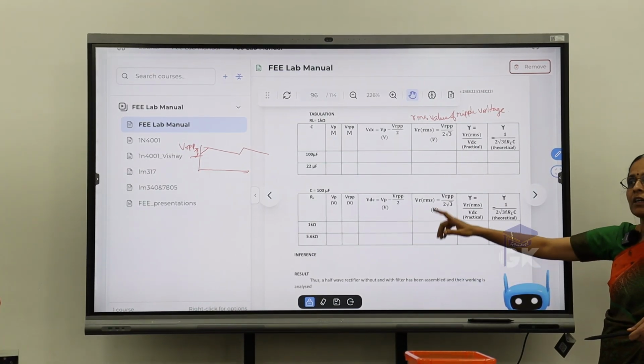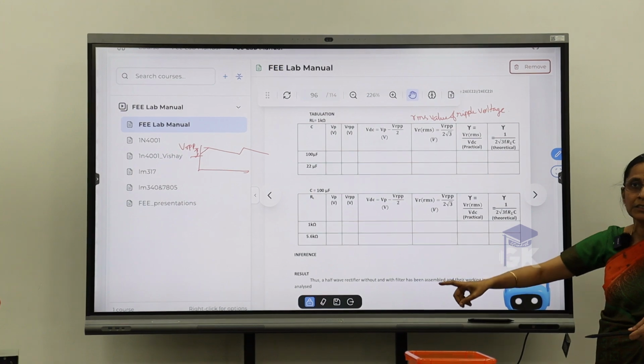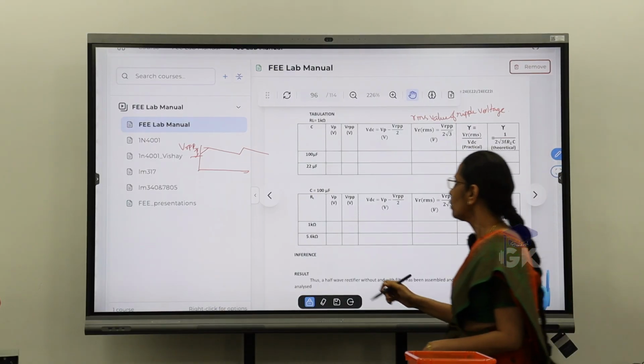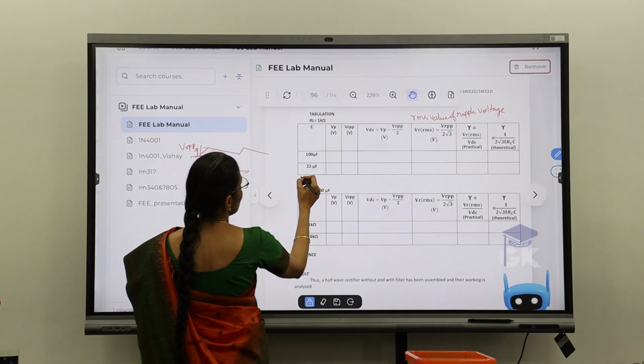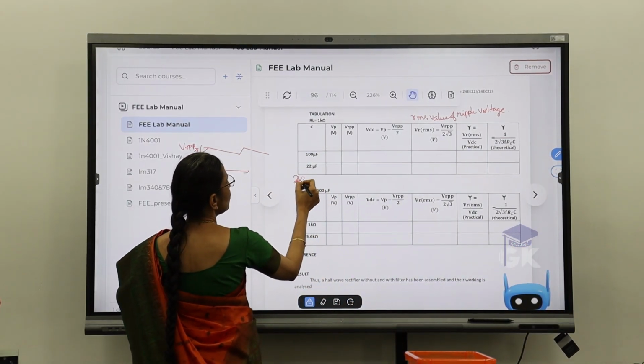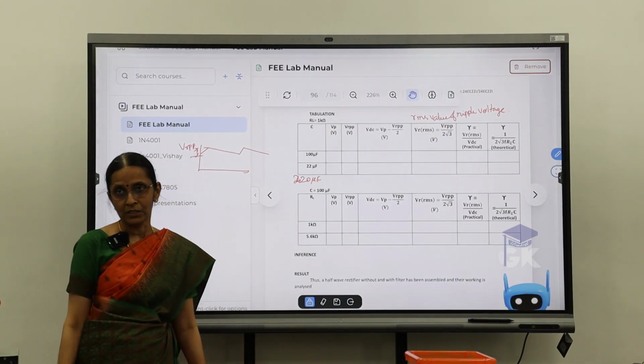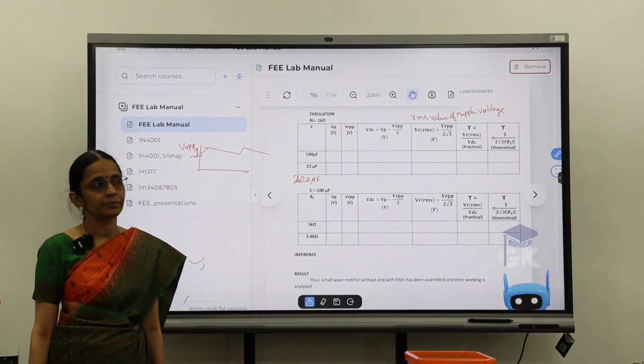But what are we doing? We are keeping the capacitor constant and changing the load resistance value. So you can use the same resistors what you have. If you want, you can also change. You can make some 2.2K, and for the capacitor here you can use say 470 or 220 microfarad also, and you can see the variations in the ripple.